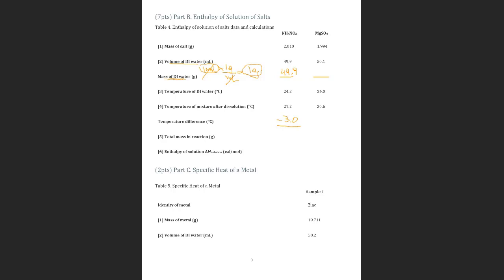No, it's saying negative 2.98. Okay, so you did temperature of mixture after dissolution, 21.2. Yes, negative 3. Okay, awesome. And the initial is here. Okay, awesome. So that we know how to complete.